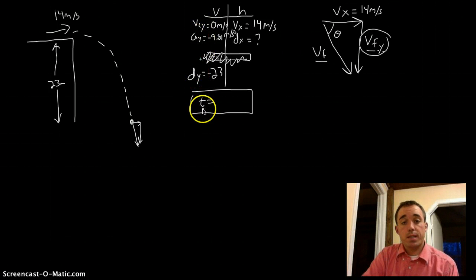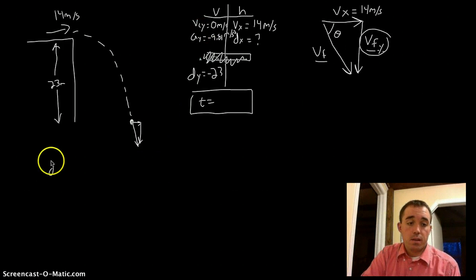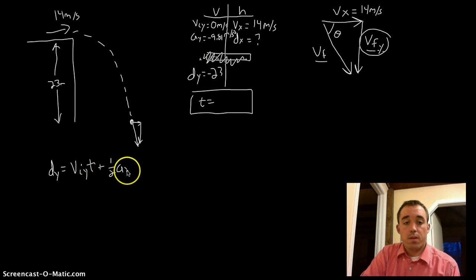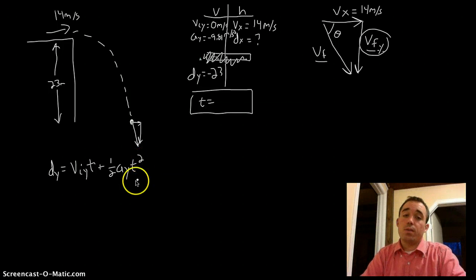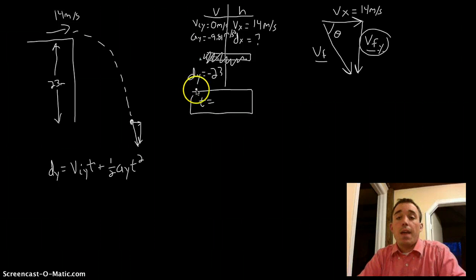We're looking for t. If you look on your little half sheet, you should be able to find the equation you almost always use for time: dy equals VIY t plus 1/2 AY times t squared. Just about always we know VIY and AY, and there's one of two options.